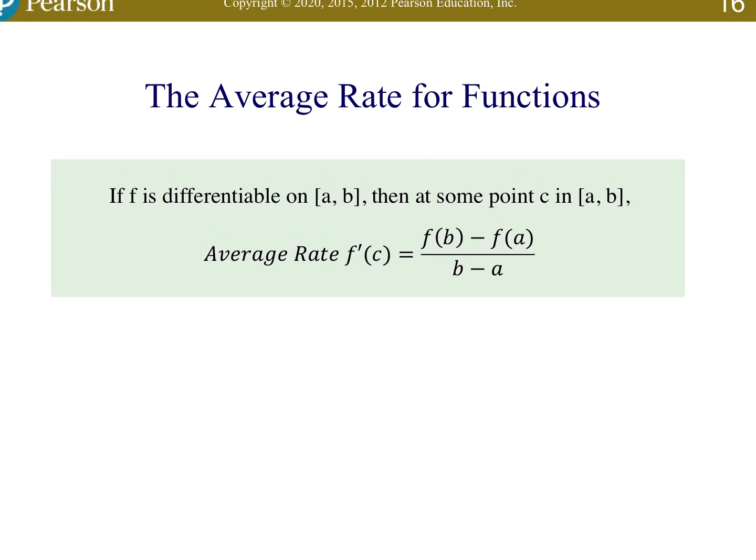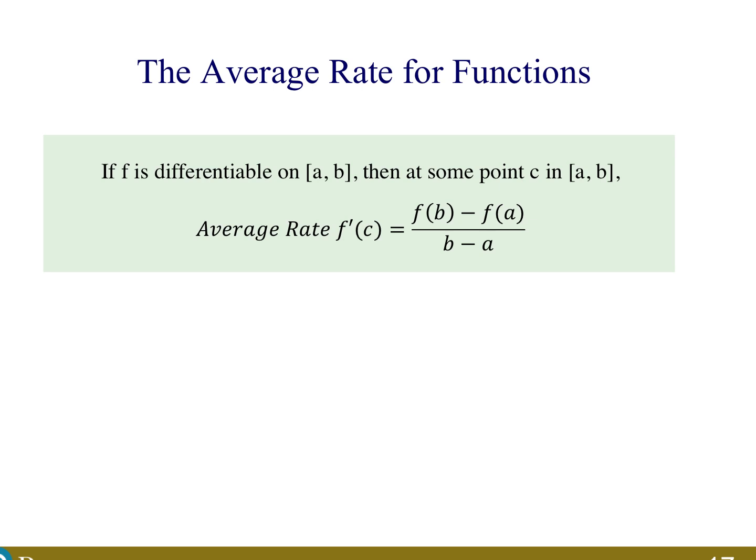Okay, here's what we did first semester. So I want to see the tie-in. We learned that if a function is differentiable, then this is called the mean value theorem. If you want to label it, this was the MVT, that there is somewhere, at least once, where f prime of c is equal to f of b minus f of a over b minus a. Visually, we saw it like this.